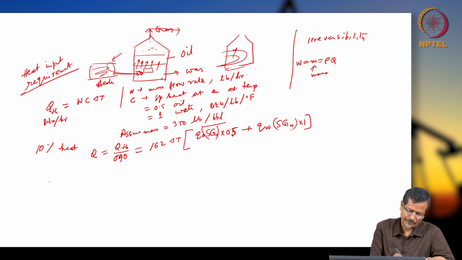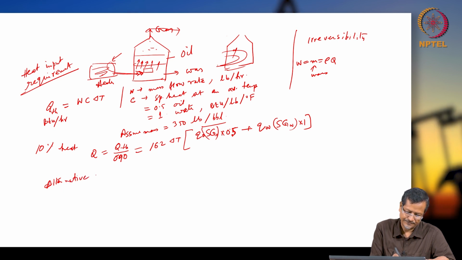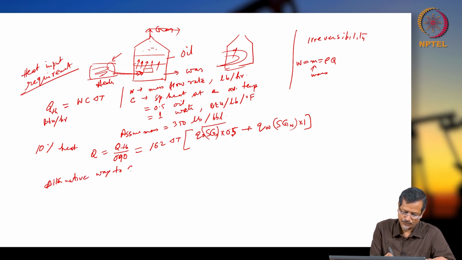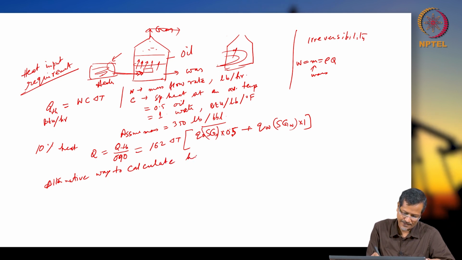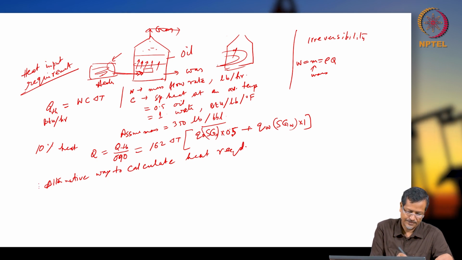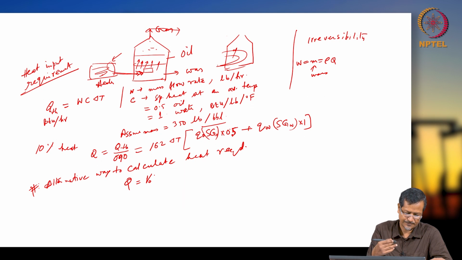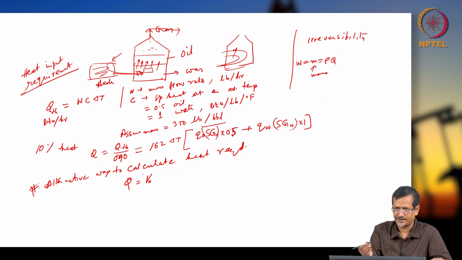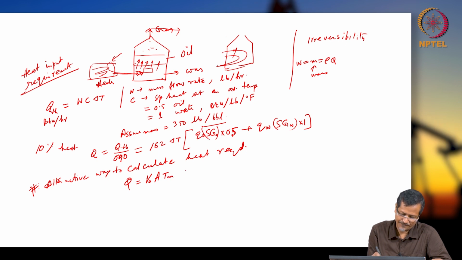Okay. Alternative way to calculate heat. Okay. So Q equals U₀ A Tm, as per the book. I am writing U₀, the symbol they are using instead of H or another symbol.